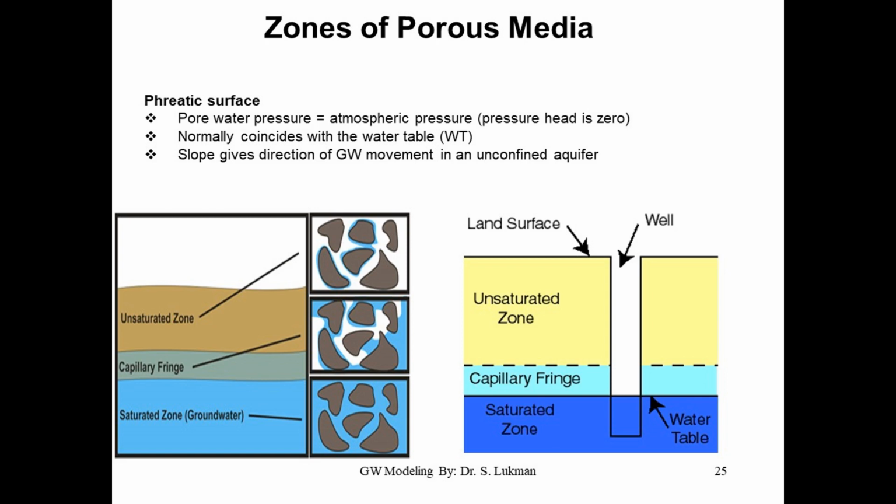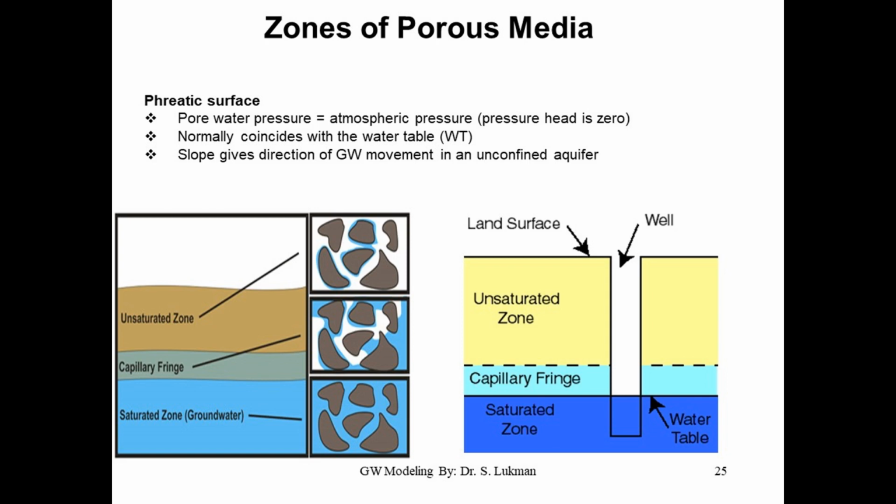So the water table surface normally coincides with the topography, and slope gives direction of groundwater movement in an unconfined aquifer. Now this is the unsaturated zone. These are the grains. You can see a small amount of water surrounding them, with air filling all the other void spaces.